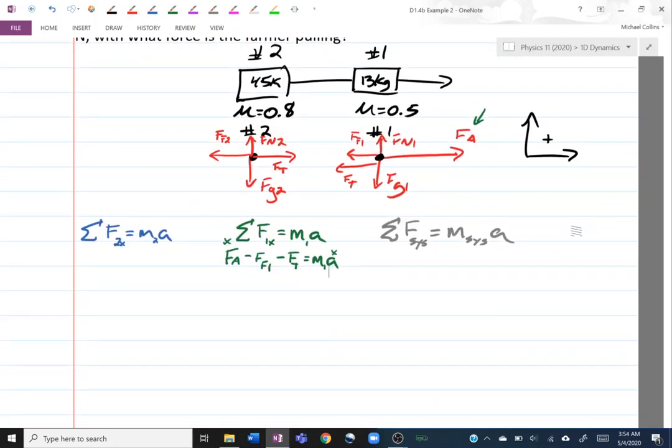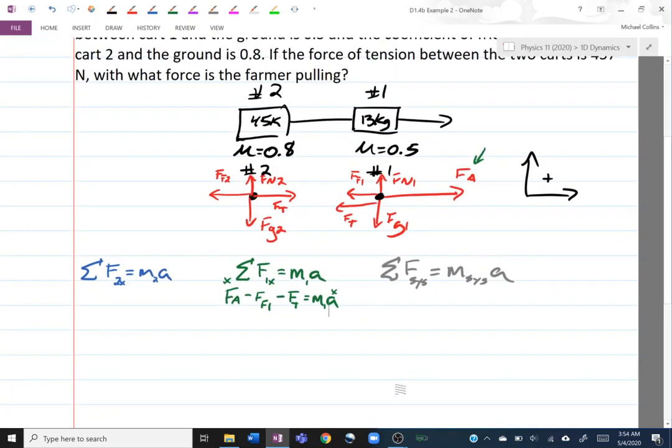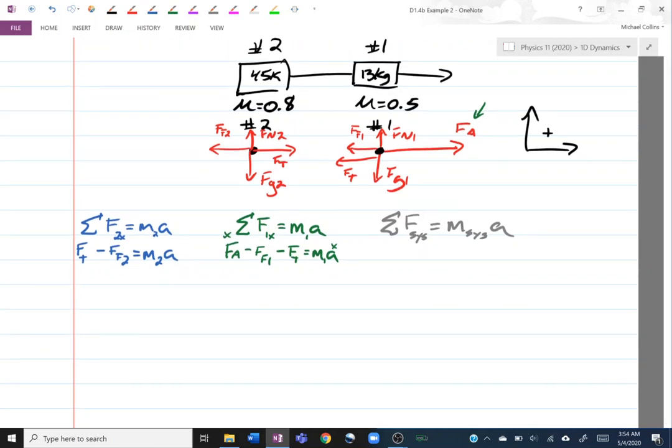So I am going to choose to look at maybe box 2, because it's usually a little bit simpler to look at than the whole system. So if I look at just box number 2, I've got FT minus FF2 is equal to M2A. If I take a quick look at the things I know and things I could further expand, I think it gives me Ft in the question.